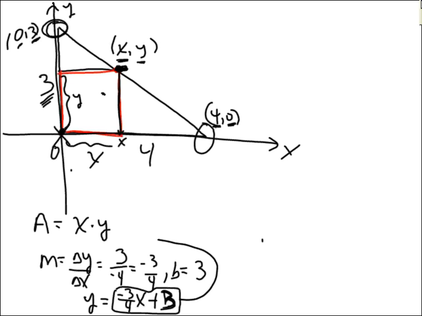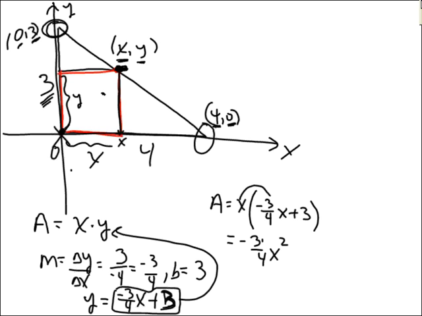I'm going to plug it right there. So A is x times another way of writing y. And if we distribute, we get -3/4 x times another x, which is x squared, plus 3x.